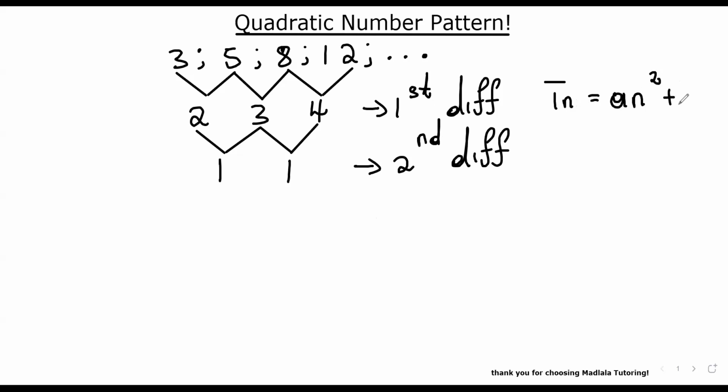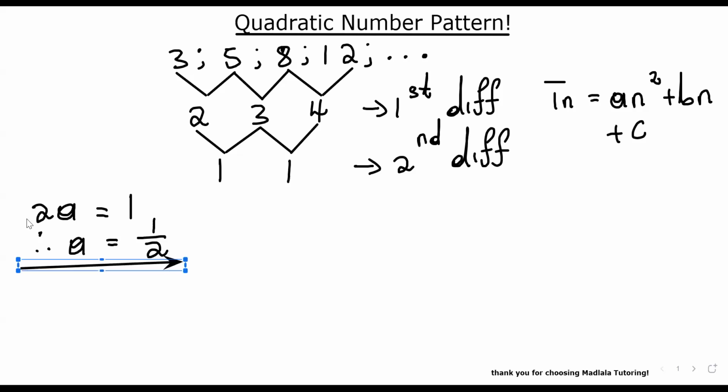It's an squared plus bn plus c. So in order for us to find the value of a, we take 2a and we equate it to the second difference. So which means the value of a is just going to be 1/2, all right?